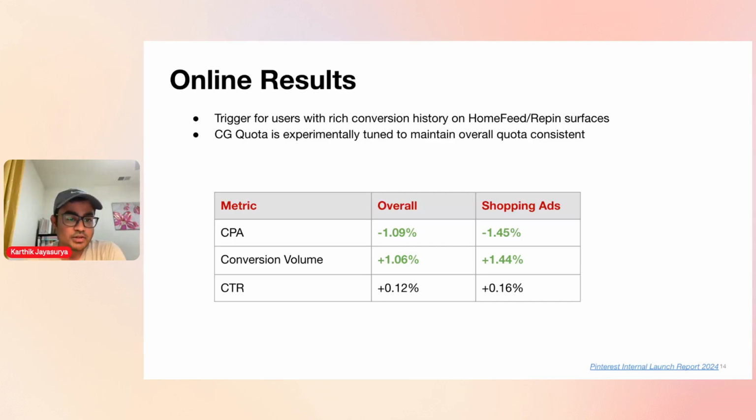So as we can see in terms of results, it gave stat-sig improvements in both CPA and conversion volume, particularly across shopping ads, as that is the segment that we're targeting, as well as driving relevance to pinners, as also measured by click-through rate for different surfaces.